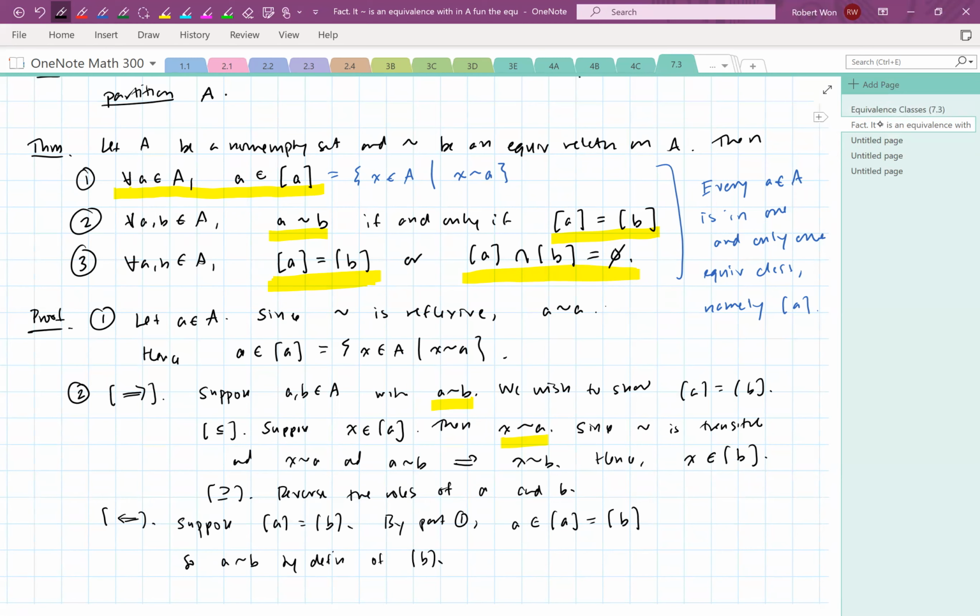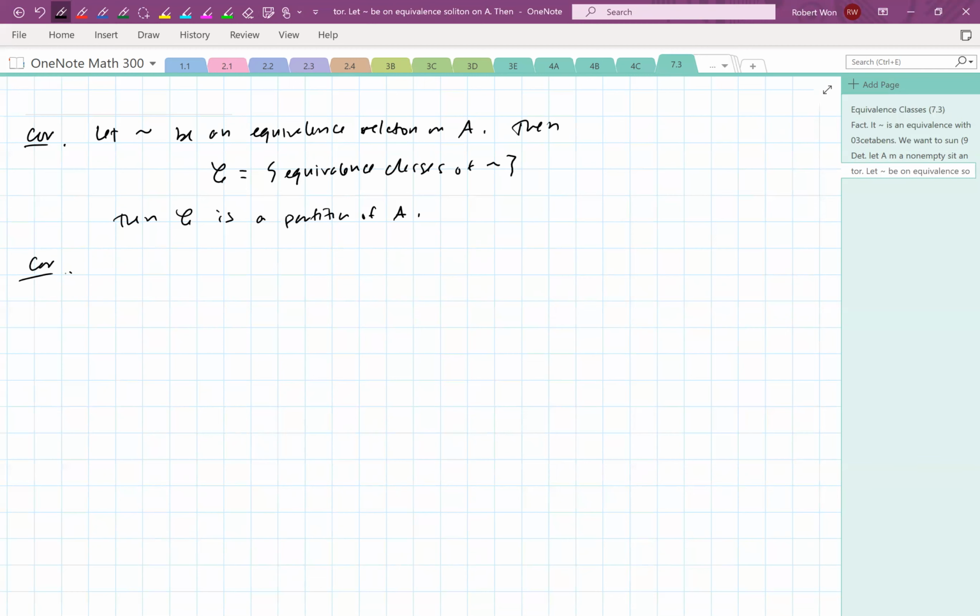Okay, in particular, here's another corollary. I can apply this specifically to congruence modulo n, right? So congruence modulo n is an equivalence relation on Z. So let n be a non-zero natural number. Then for each integer a, let [a] be the congruence class, or the equivalence class, of a modulo n.